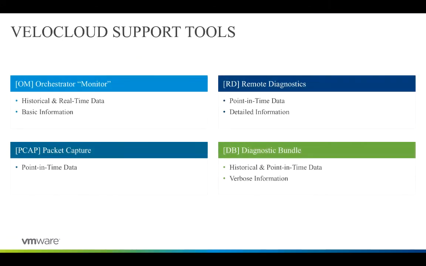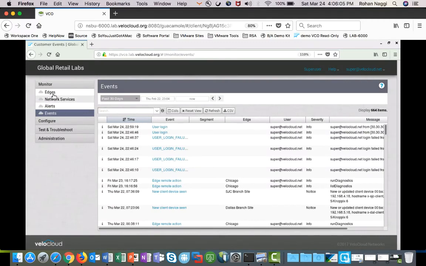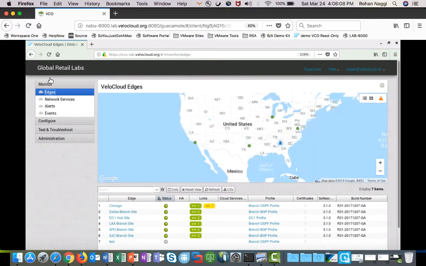Troubleshooting tools. These are some of the troubleshooting tools which are available in the orchestrator. Remember, there is zero CLI from the orchestrator, so we can use the orchestrator monitor tool, where it gives you the map view and the list view. It gives you the analytics related to the edges, in monitor edges.